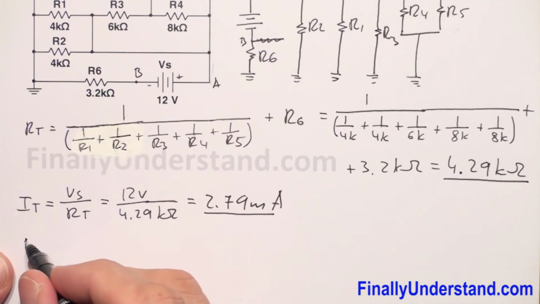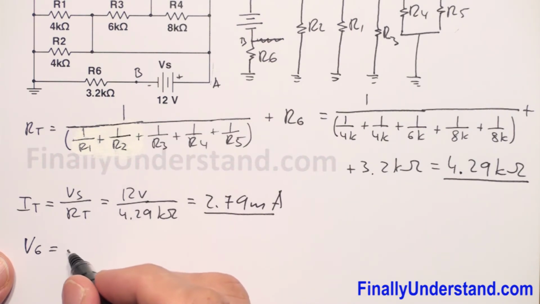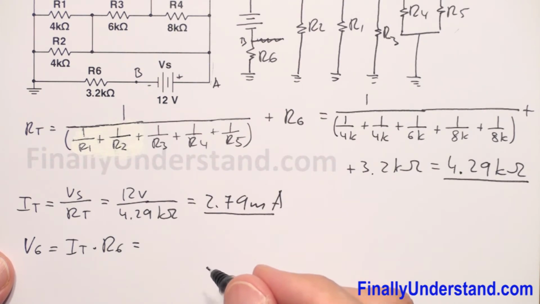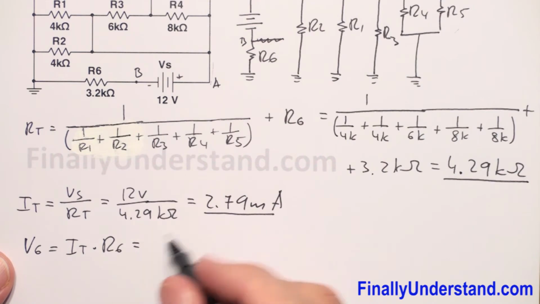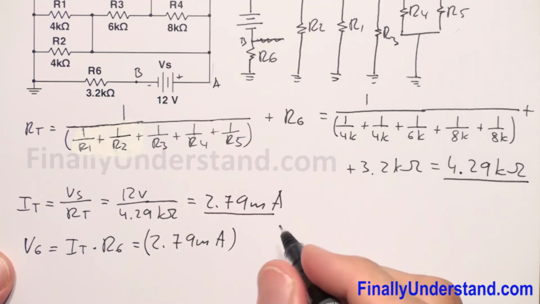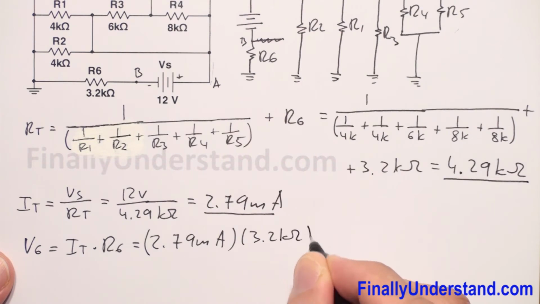We can simply write V6 is equal to I total times R6. Of course, there are many ways to solve this problem, but I want you to practice different techniques. So I total is 2.79 milliamps times R6, which is 3.2 kilo ohms.